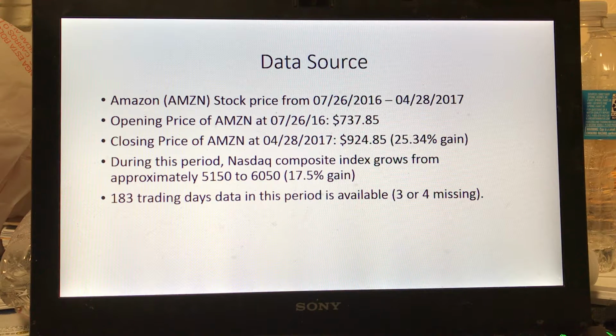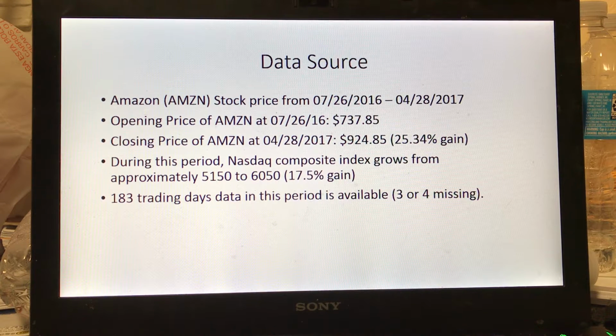It is slightly lower than our underlying asset, but since we know that in the long term, Amazon stock is always outperforming the Nasdaq Composite Index, this should be a pretty reasonable result, and this data should be very representative of a typical year in the Nasdaq.